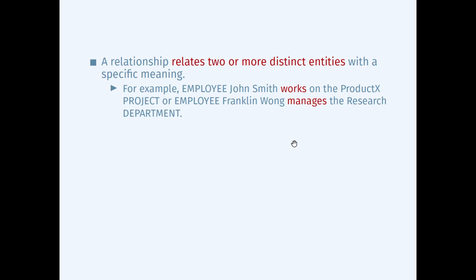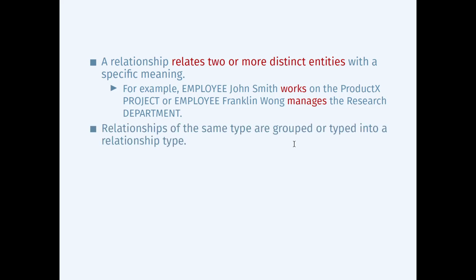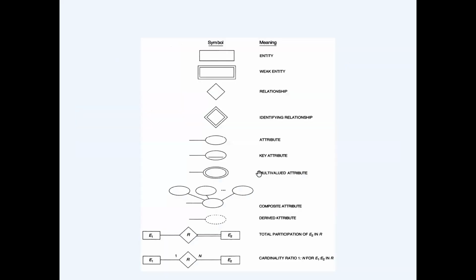Manages is a relationship. So whenever all the relationships are combined together, all possible employees working for different projects, we can create a relationship type. And the relationship types we represent using diamond-shaped blocks. So you can see here, for relationships, we use this symbol.